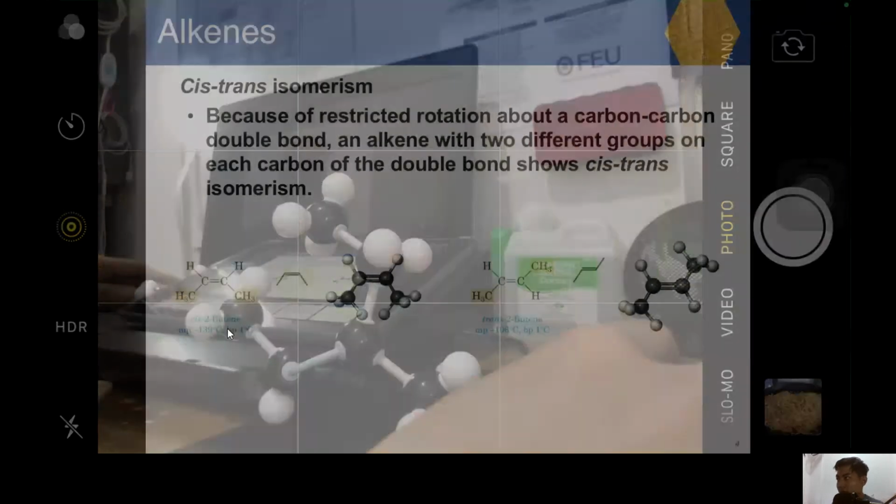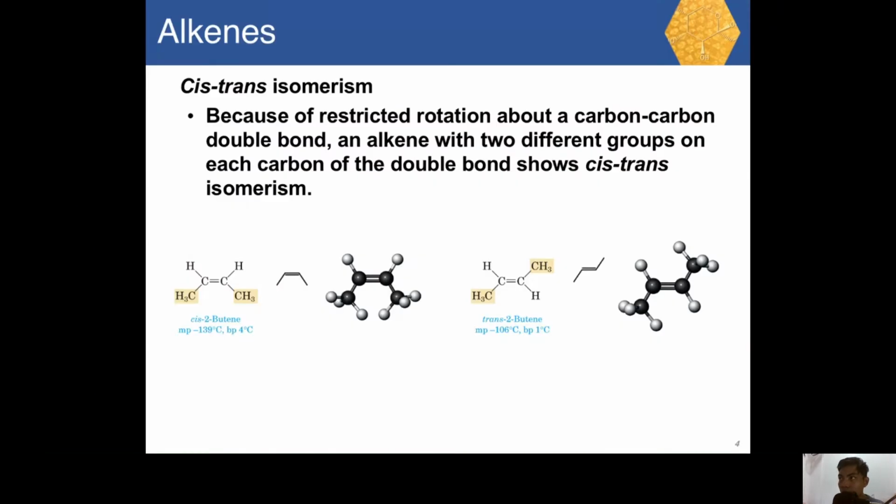Okay? So, balik tayo sa ating PowerPoint. Okay? So, yan ha. Kapag alkanes, we have the constitutional isomers wherein yung ating mga atoms, no? Iba-iba yung kinakabitan nila. However, for our alkenes, meron tayong tinatawag na cis and trans isomerisms, no? Okay? So, ano yung pinagkaiba ng cis and trans isomerism sa alkene?